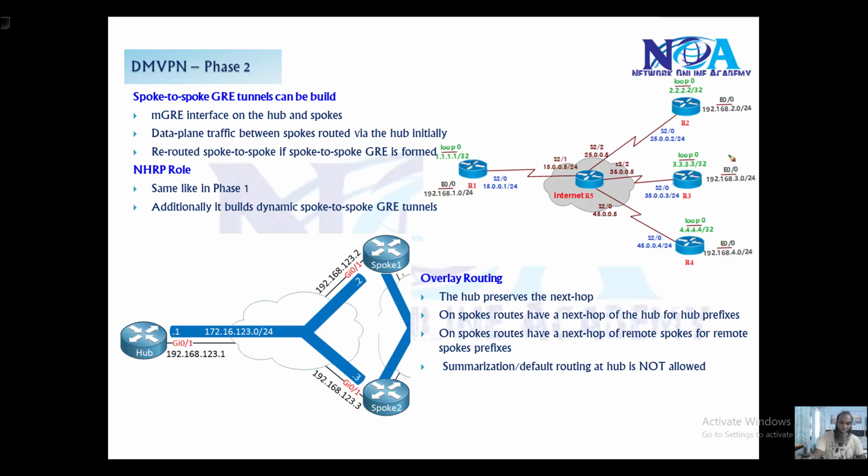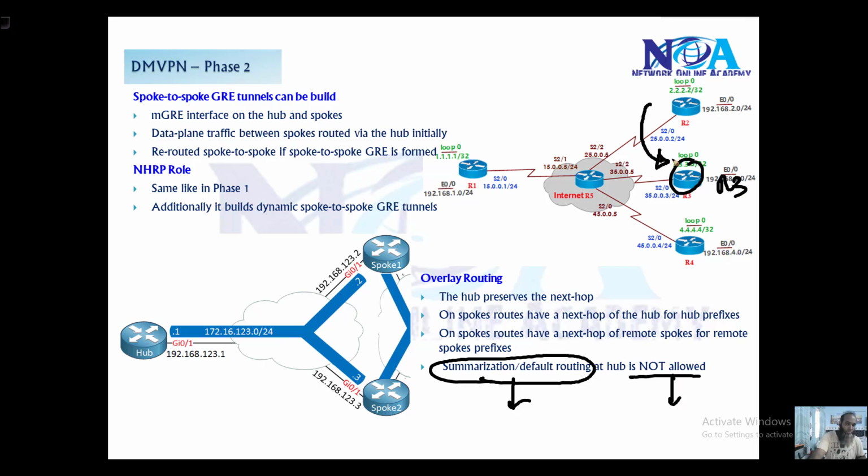But one of the limitations you will see here is that summarization or default routing is not allowed, because on router 3 all the routes coming from router 2 will have the next hop of router 2, and all the routes coming from router 4 will have the next hop of router 4.